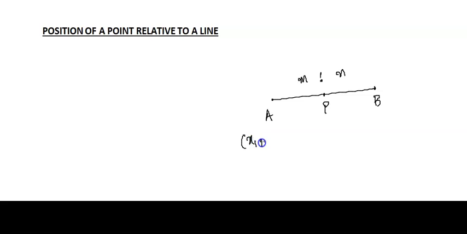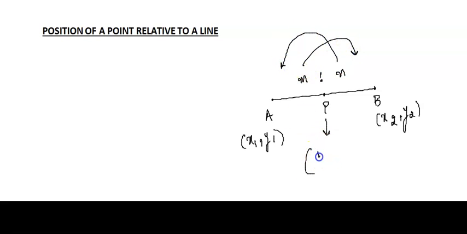Let us say the coordinates of A are x1, y1 and the coordinates of B are x2, y2. Then we know that the coordinates of P will be, using the section formula, (mx2 plus nx1) divided by (m plus n), and (my2 plus ny1) divided by (m plus n).